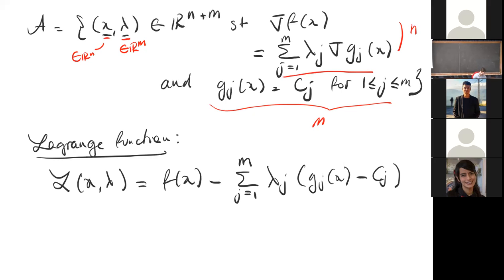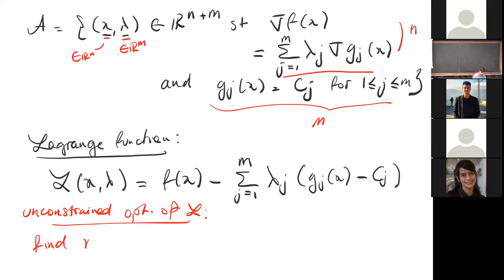Why? If you look at the gradient of L equal to the zero vector, which is the unconstrained optimization of L, it means finding a point (x, lambda) such that the gradient of L is equal to the zero vector.